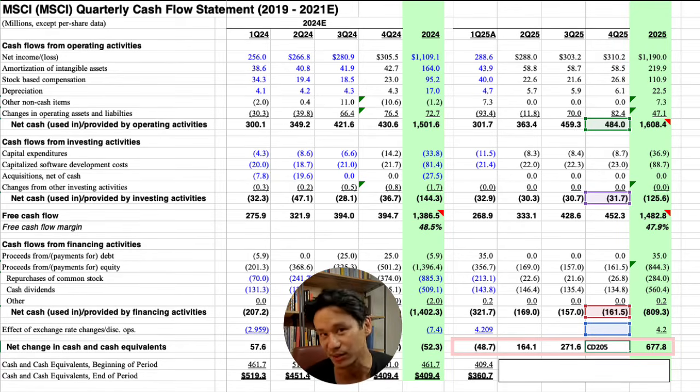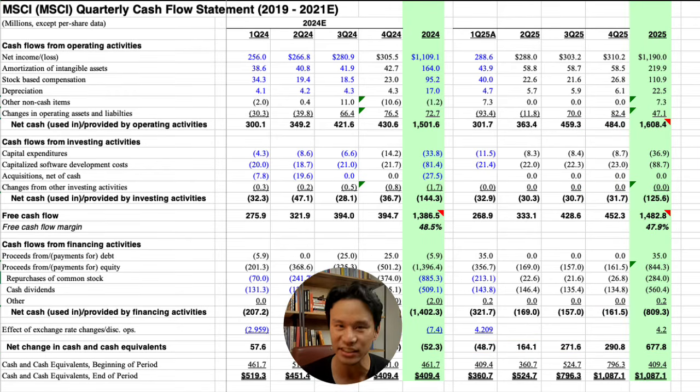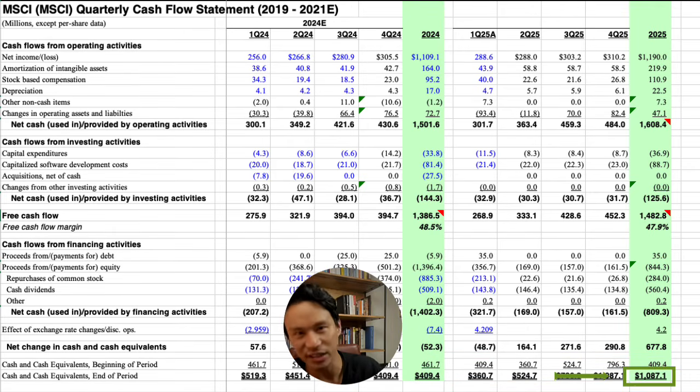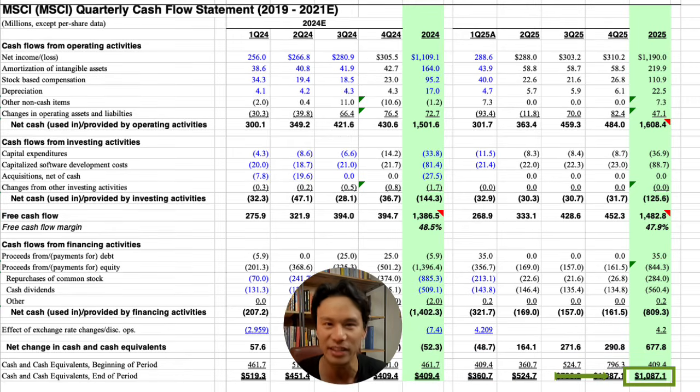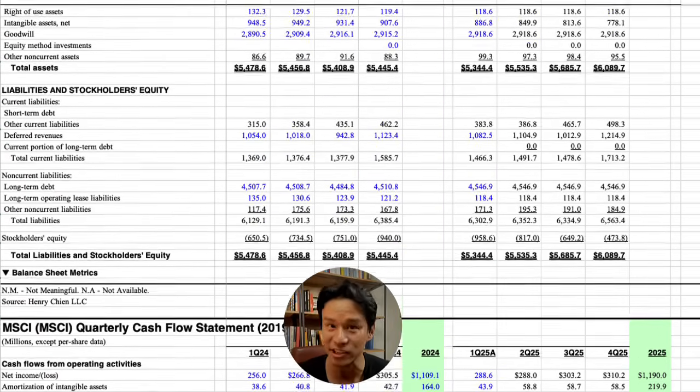So that's how the cash flow statement works. Well, we can take the starting cash, we work out the net change in cash, and we work out how much cash this business has at the end of the period. And then because the model is connected in all these different ways, you can see this also matches what we have on the balance sheet.